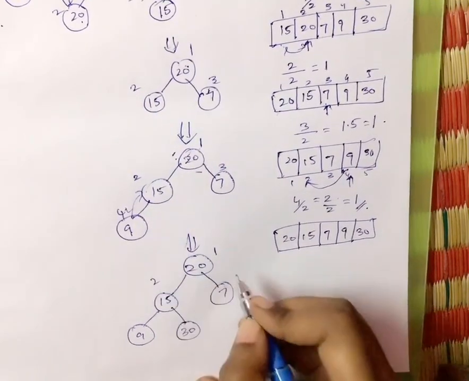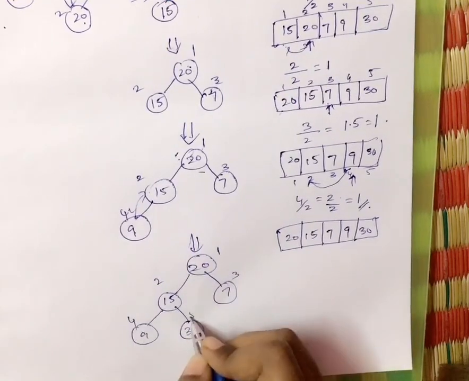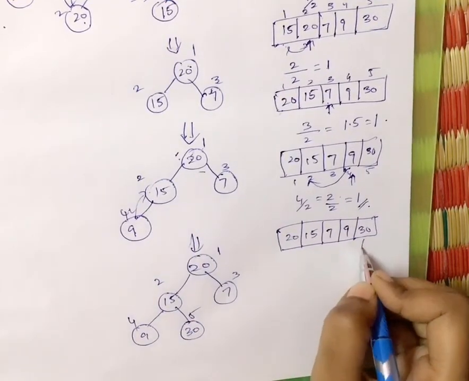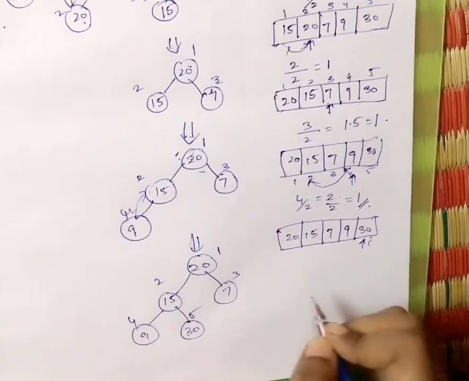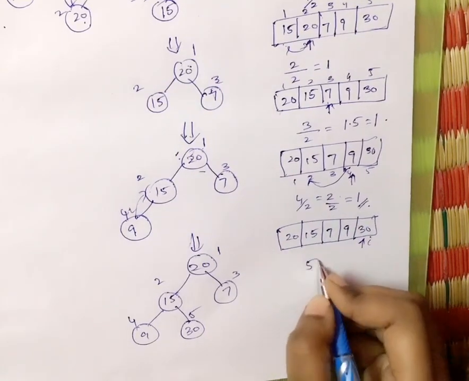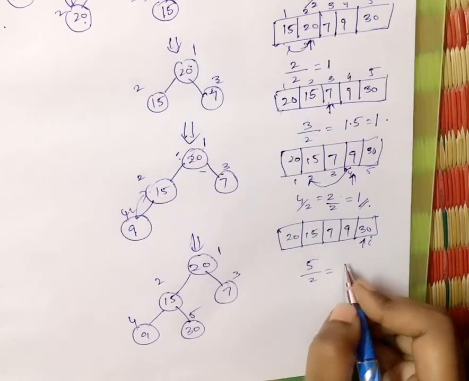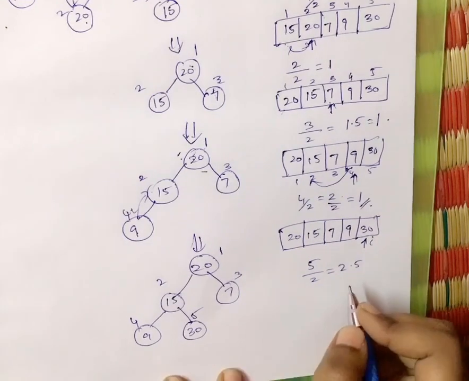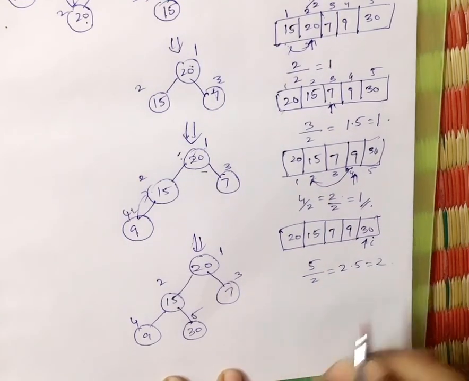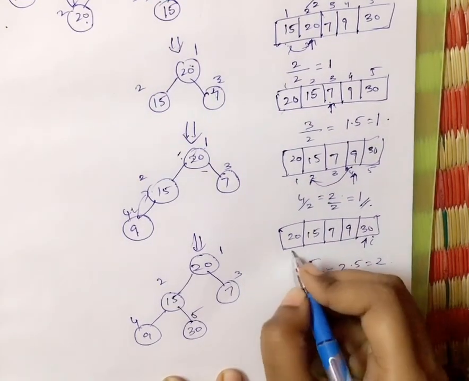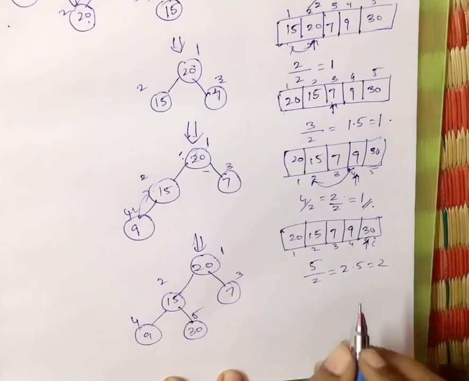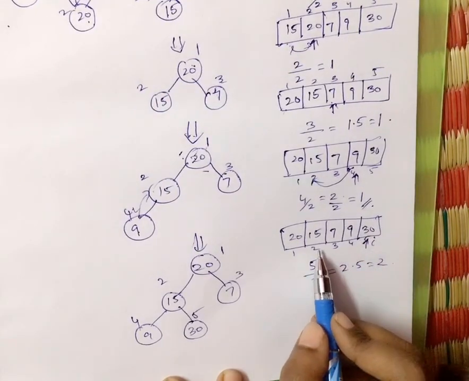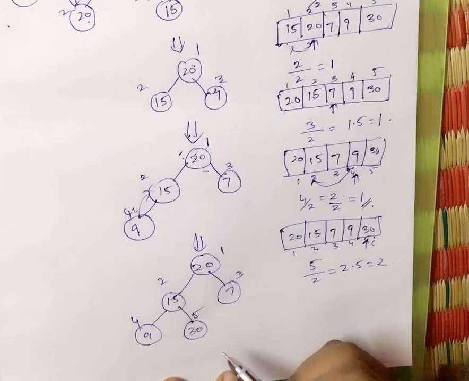I will mark this. Now I is pointing to 5. So 5 divided by 2 is equal to 2 after rounding off. So this 5 will be compared with the 2. I am going to compare these two values.